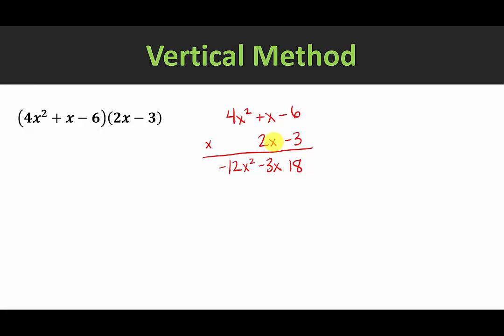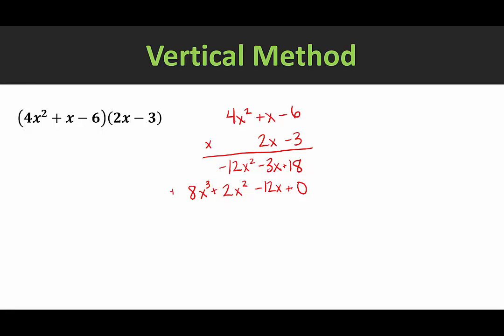Now we're going to move over to the 2x, so we're moving over a column, so we're going to put our plus 0. 2x times negative 6 is negative 12x. 2x times x is 2x squared, and 2x times 4x squared would be 8x cubed.